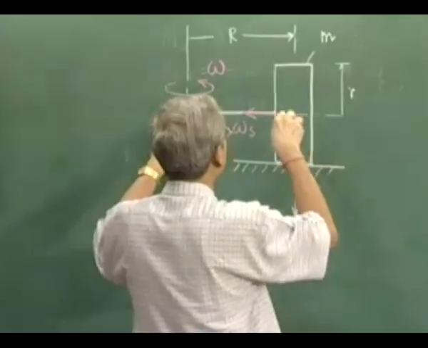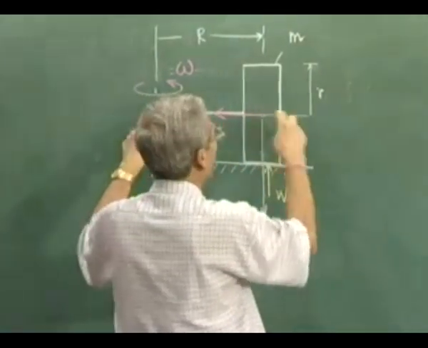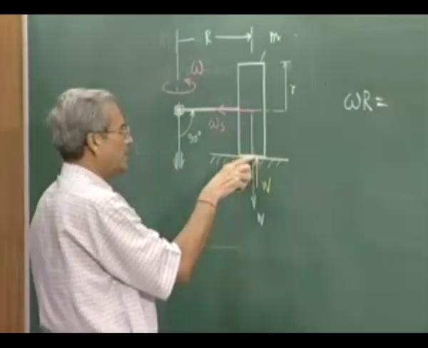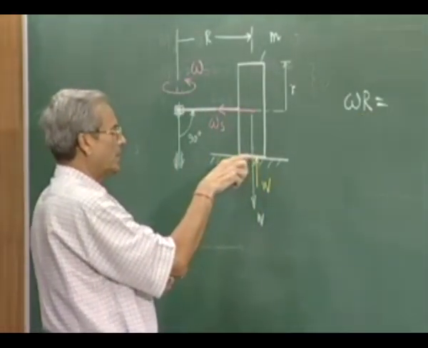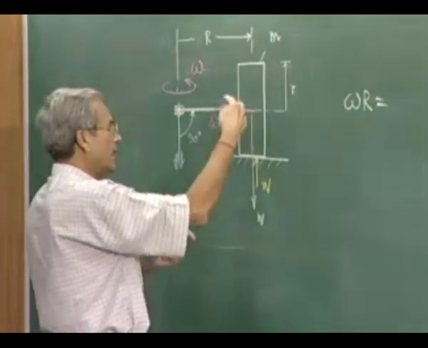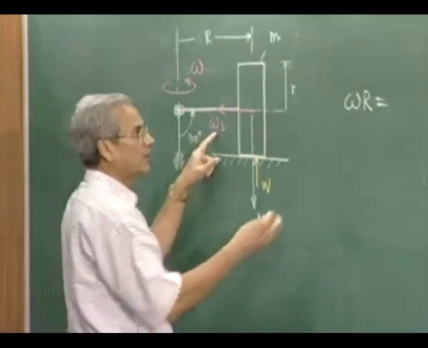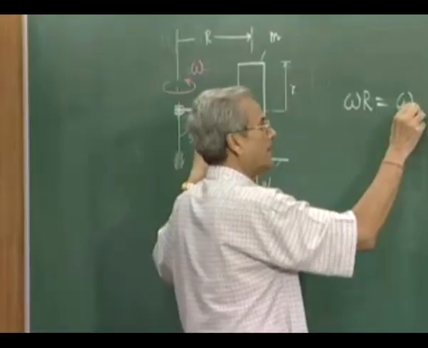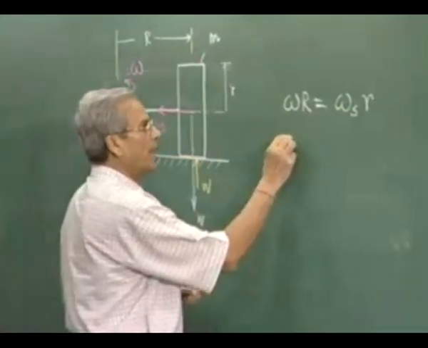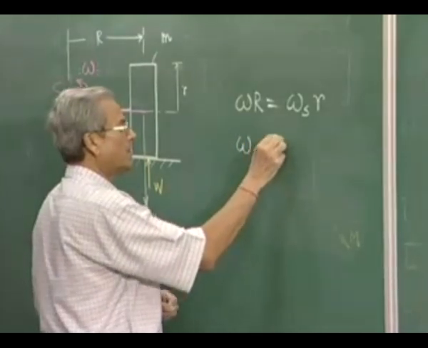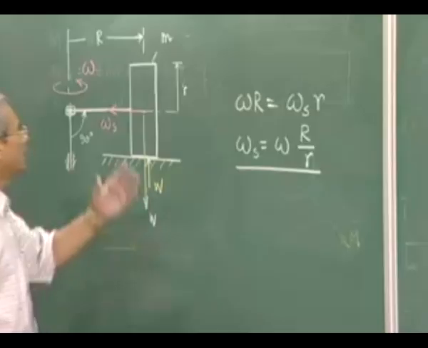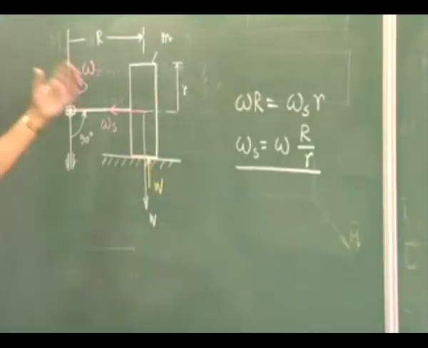That is, if this point is moving with a velocity omega into R, and if this point's velocity is 0 because it is in contact with the floor, then to produce the same velocity here, it must rotate with an angular velocity omega s, and this distance is r. So omega s, or the spin velocity, will be this, which will generate some angular momentum of this heavy roller.